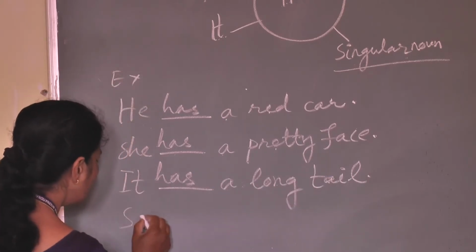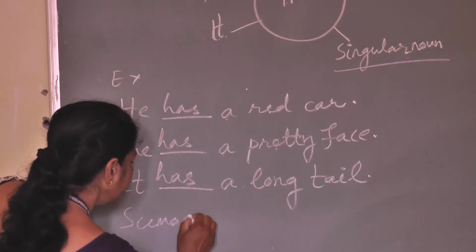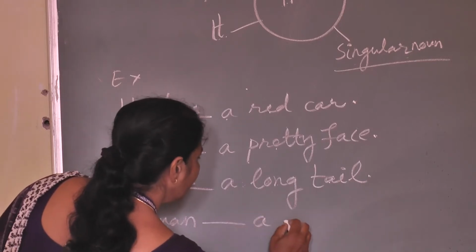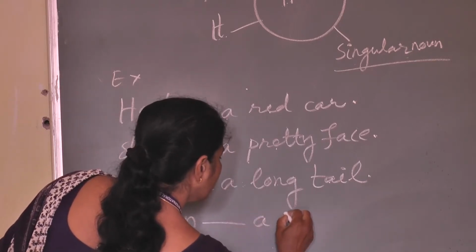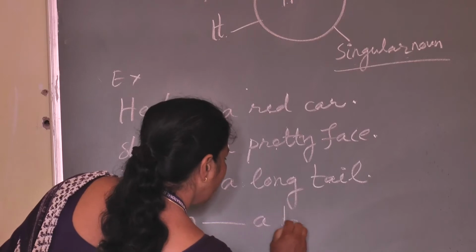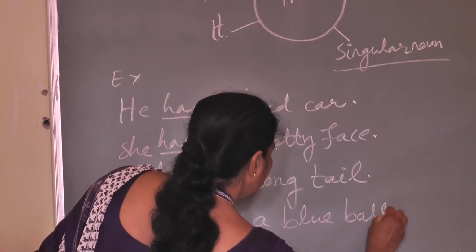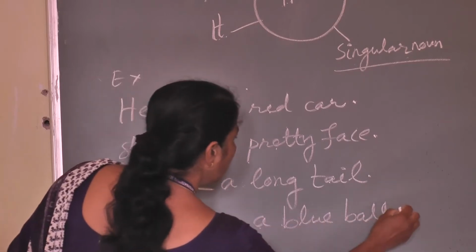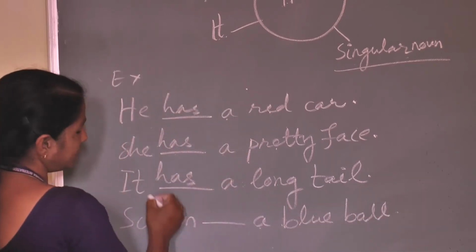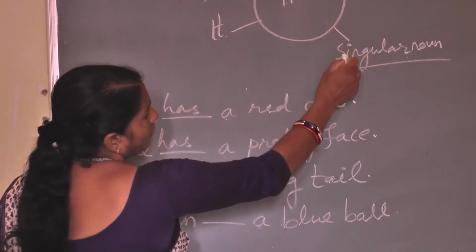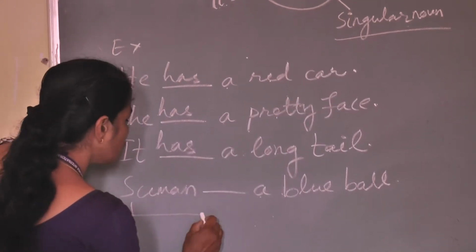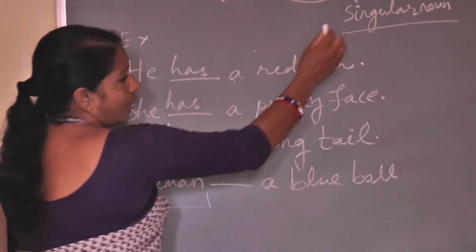See here. Suman dash a blue ball. Is there any word Suman here? No. But then what is Suman? Suman is a singular noun.